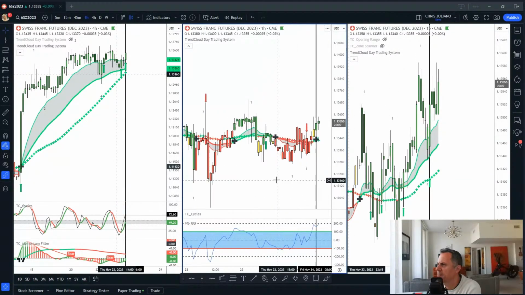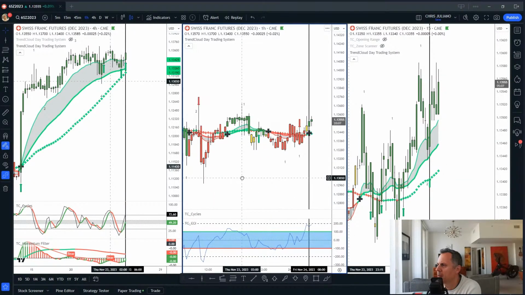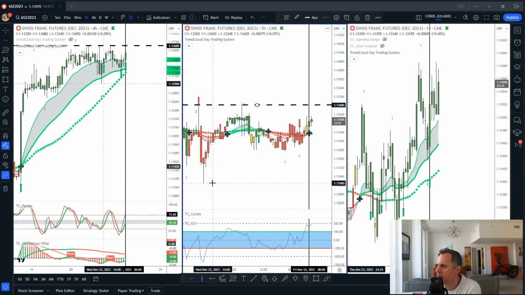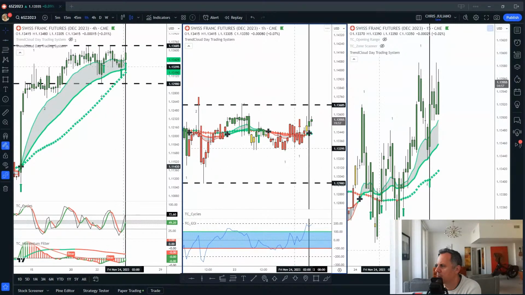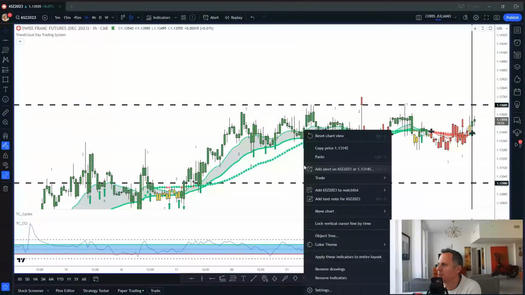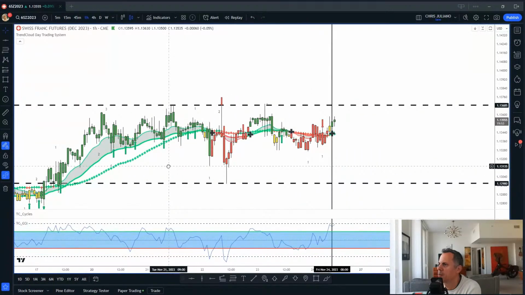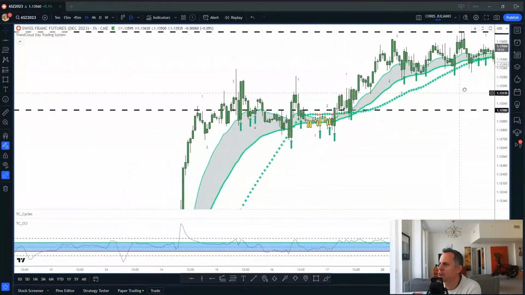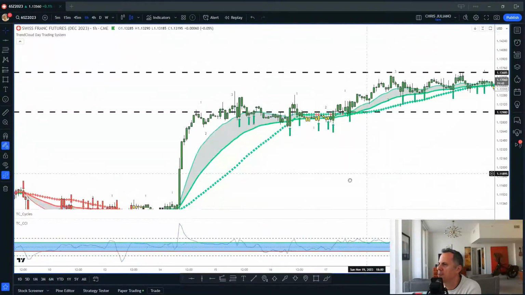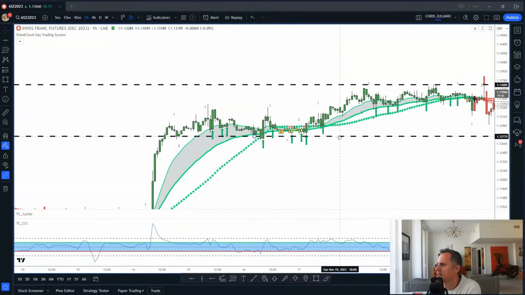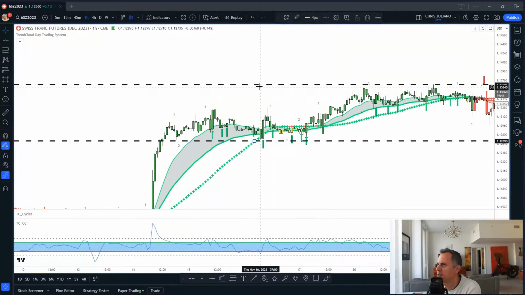So I would say that the only thing here that's bothering me is the fact that we're in this bizarre range here. Let's open this up. Yeah, we're in this weird range, right? Let's follow price action here.